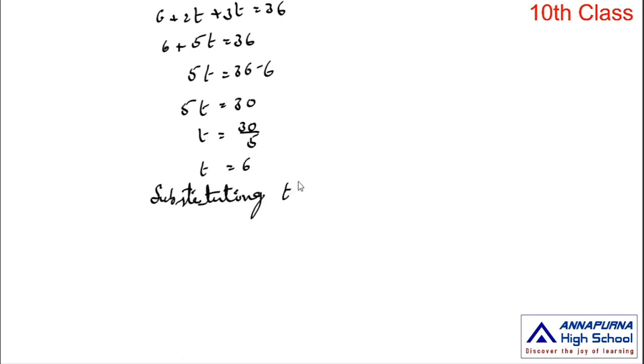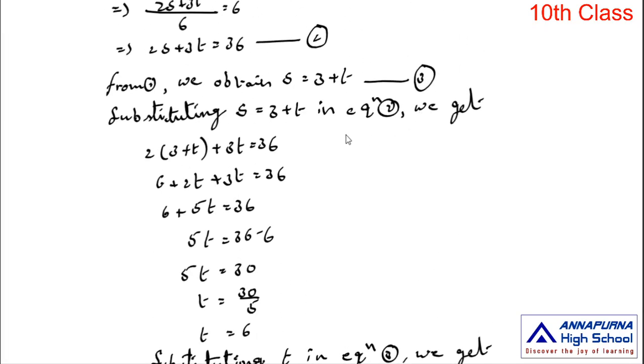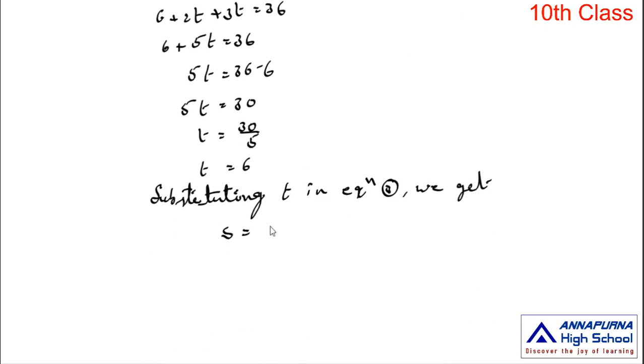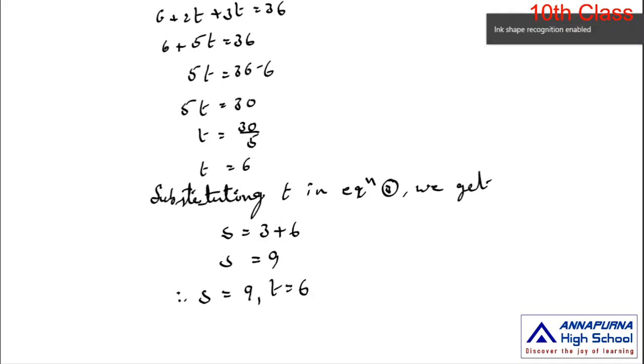Substituting t in equation 3, then we get, here the equation 3 is s is equal to 3 plus t, so it is equal to 3 plus 6, s is equal to 9. So therefore the solution is s is equal to 9 and t is equal to 6. So this is the second one.